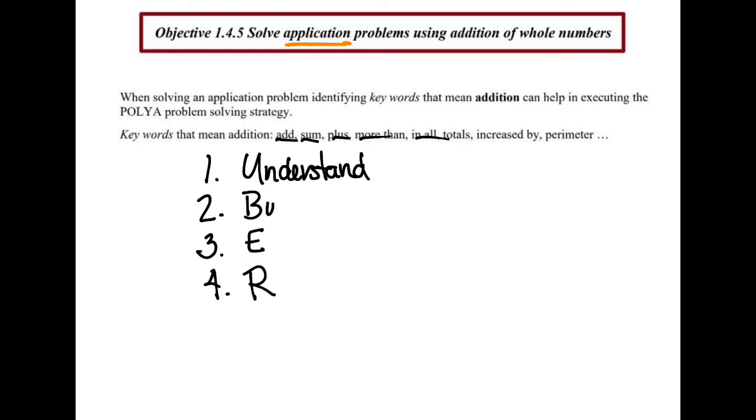The B, it's kind of weird, but build a plan. So you come up with something that you're going to do to solve it. Come up with a plan, and if it works, great. If not, then you're going to figure out something else. The E is execute the plan. So you try it, see if it works.